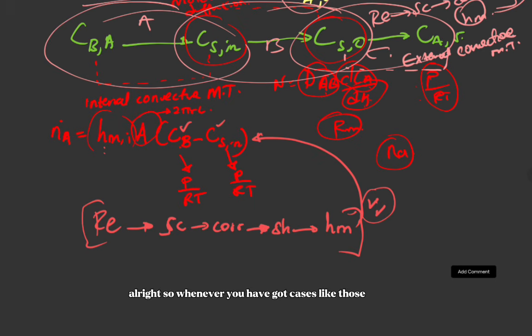All right, so whenever you've got cases like those, you just need to use your conversion factors and convert what you have. If you have got mole per second and you are given that in kgs, or rand per kg is this much, then you need to move from moles to kgs and then move from those kgs to rands using the provided conversion factor. And then you make an engineering judgment.